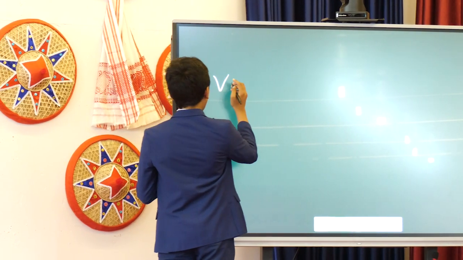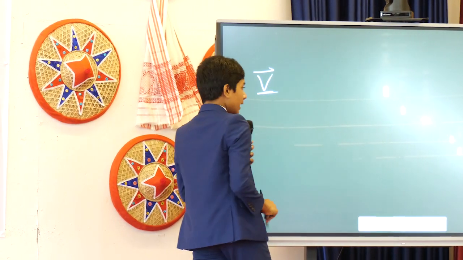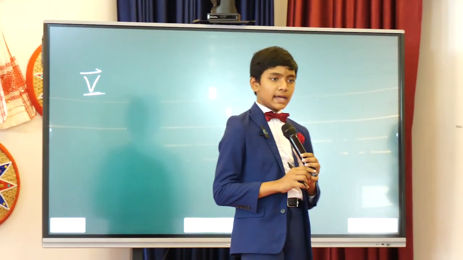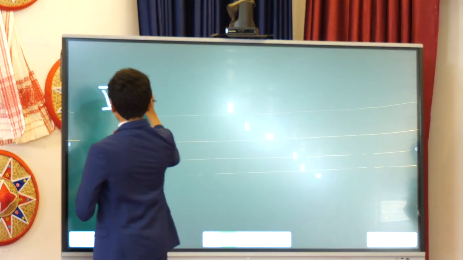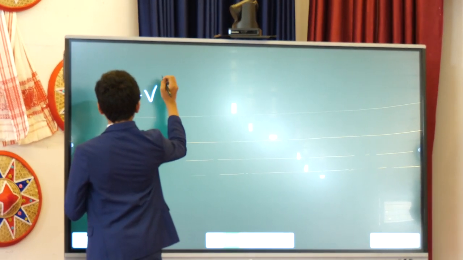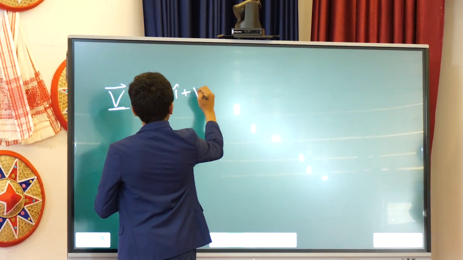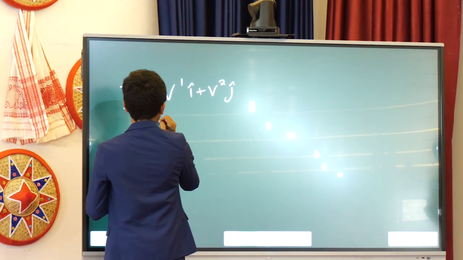So we have v right over here, our vector, and instead of using subscripts, we're going to use superscripts. And the reason for this is going to be apparent later, but just go along with it for now. This is going to be a superscript. So this is just going to be v^1 i plus v^2 j, if we're in 2 dimensions, of course.